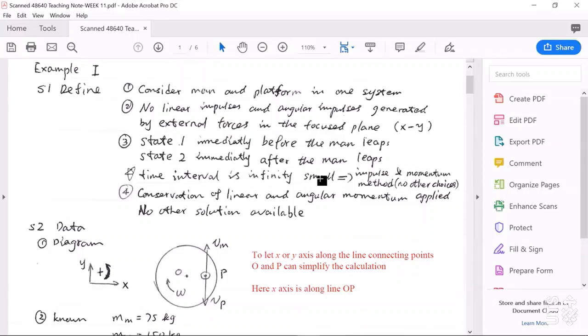For solving this kind of problem, impulse and momentum is the only choice, because no linear impulses and angular impulses are generated by external forces. For solving this problem, we can apply conservation of momentum.